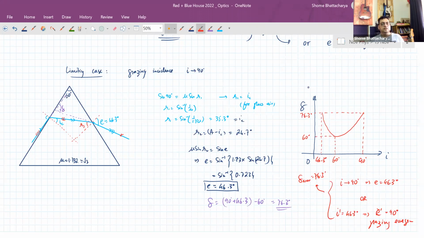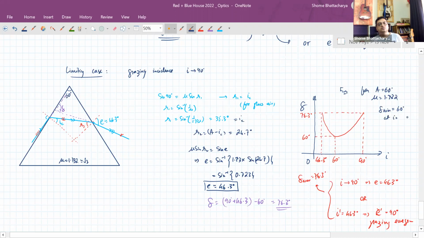So this is the example for the angle of the prism being 60 degrees and the refractive index being 1.73. Getting delta minimum equal to 60 degrees at angle of incidence equal to emergence equal to 60 degrees. And we are getting delta maximum equal to this much for this case.